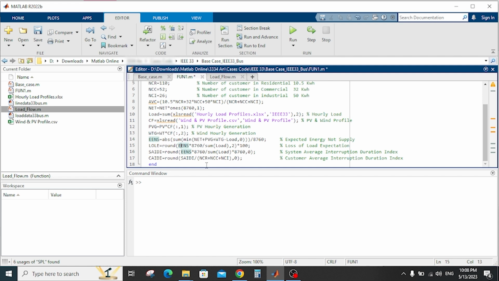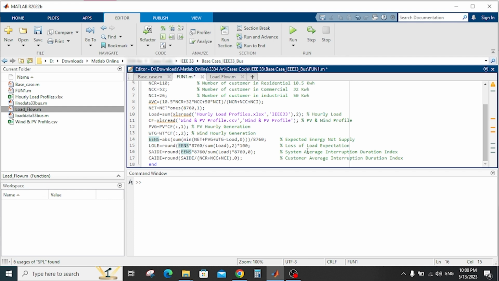After we calculated the expected energy not supplied, we also calculated the percentage of losses. The percentage of energy not supplied is the loss of load expectation. After that, we also calculated the system average interruption duration index, which also depends on the energy not supplied.